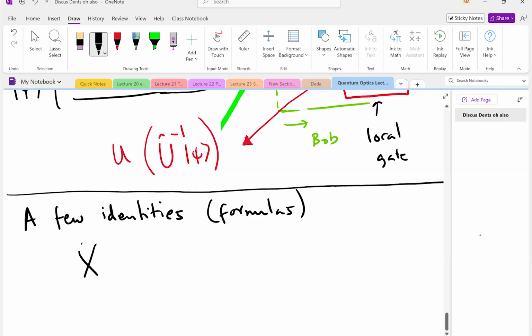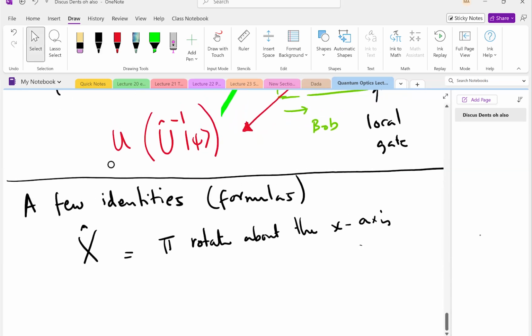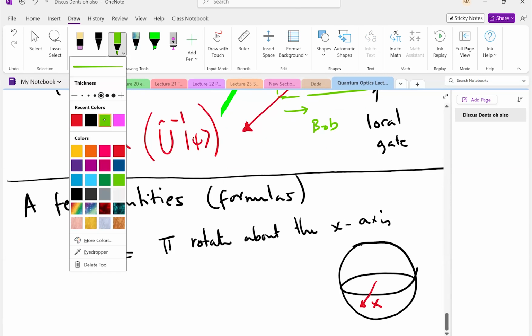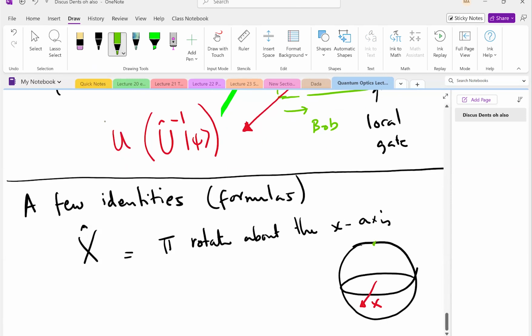An X operator, or Pauli X gate, is really a pi rotation about the x-axis on the Bloch sphere. And I'm sure you've seen Bloch spheres. So if I draw a Bloch sphere and I take the x-axis, then the X gate is really a pi rotation about the x-axis.